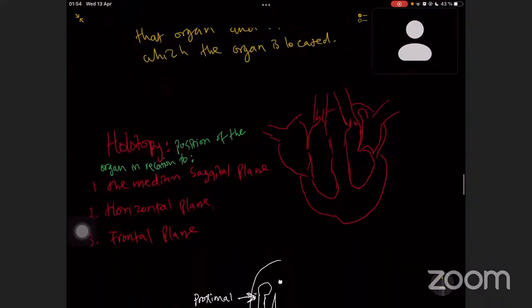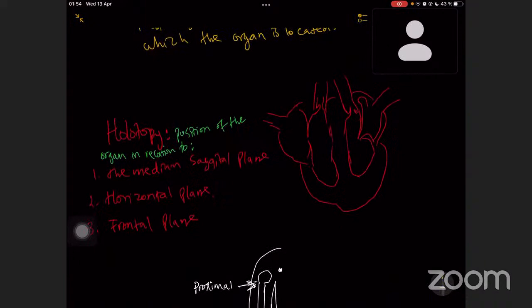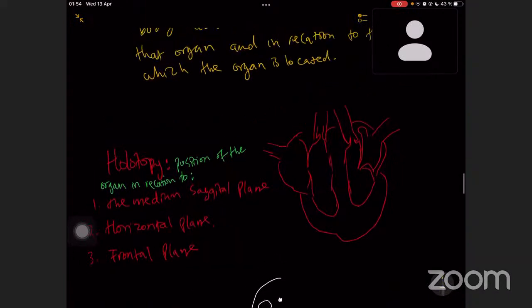In describing Holotopy, for example, we're looking at the position of the organ. For example, we have our heart here, right? You have the right atrium here, right ventricle, left atrium here, and then you have the aorta here, the great artery, and the pulmonary artery here.